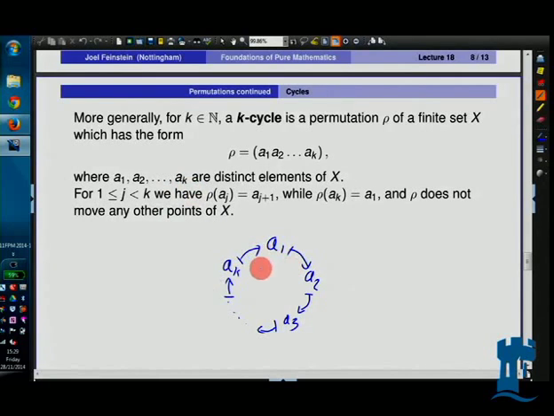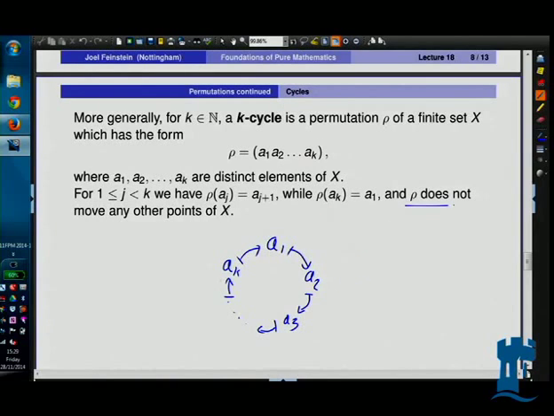So that's the idea. Obviously, if K is less than 3, there won't be an A3. And if K is less than 2, then there's only an A1. But that's the idea. So they get mapped cyclically, one to the other, and no other elements are moved.